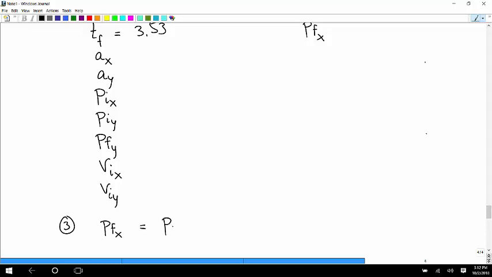PFX is equal to PIX plus VIX TF plus 1/2 AX TF squared.